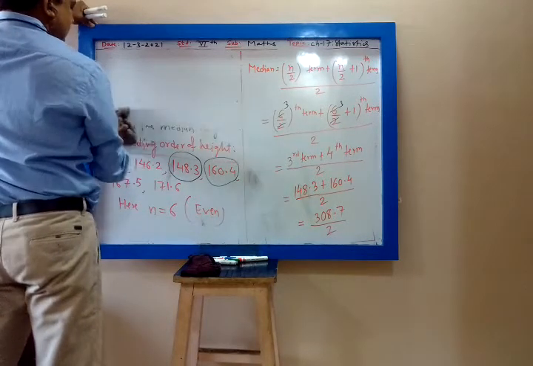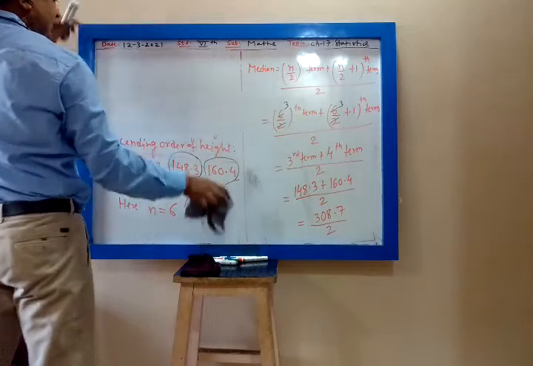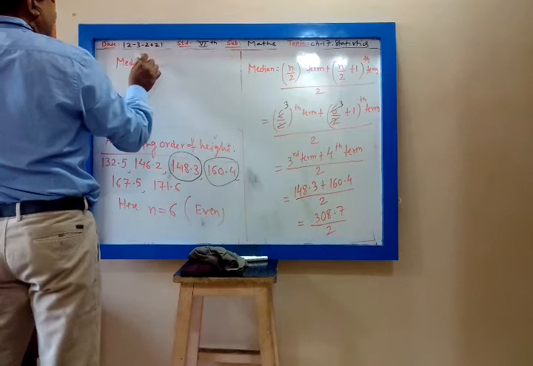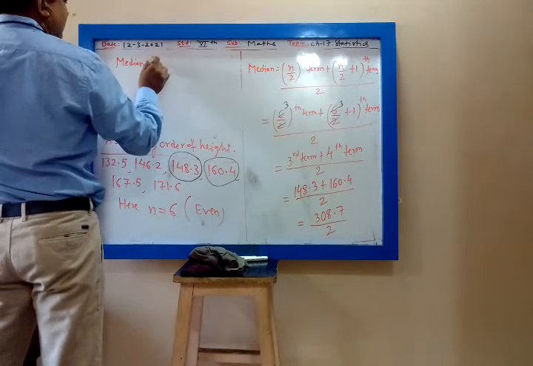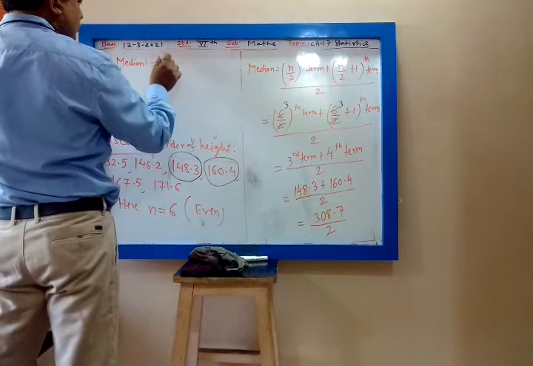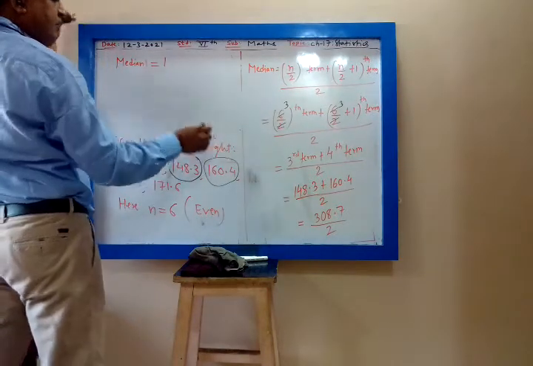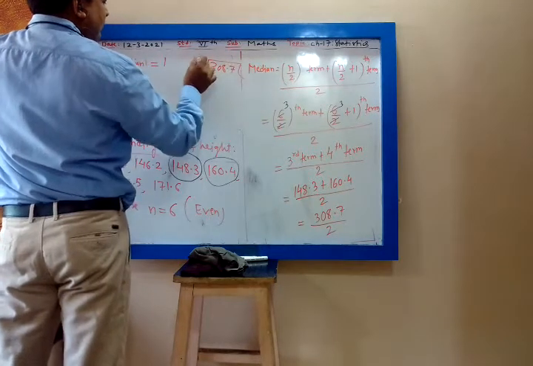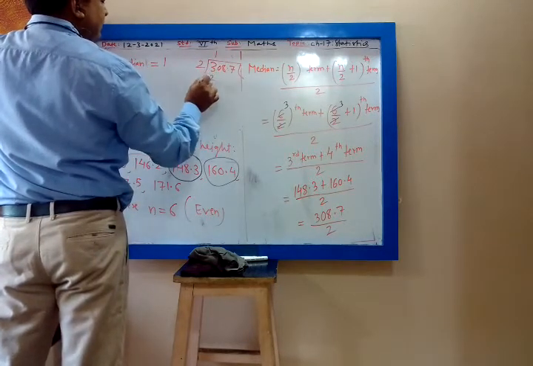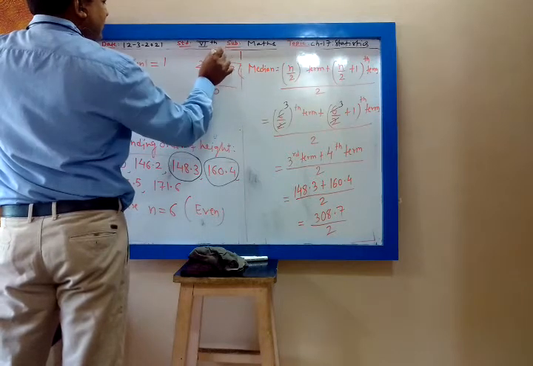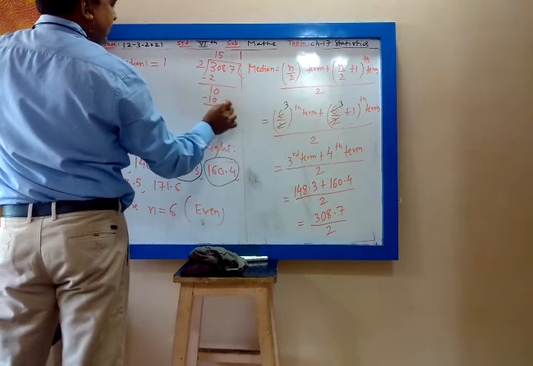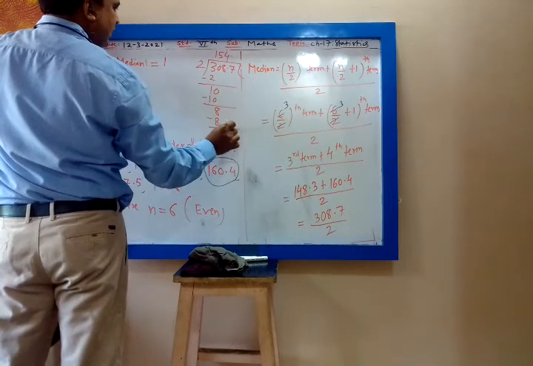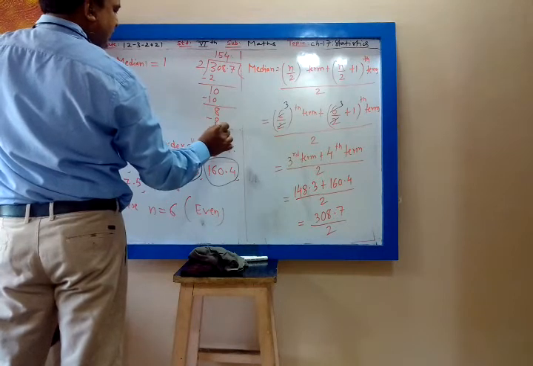So you can divide: 2 ones are 2, 3 minus 2, 1, 0, 2 5s are 10, then 8, 2 4s are 8, then it is 7.